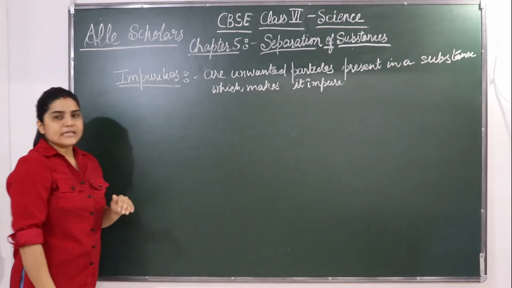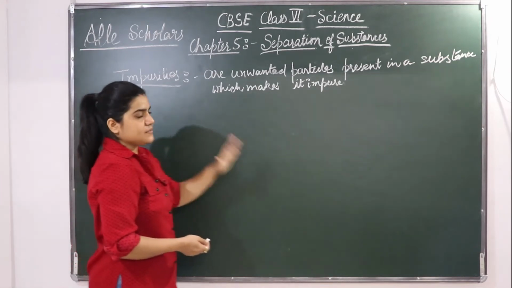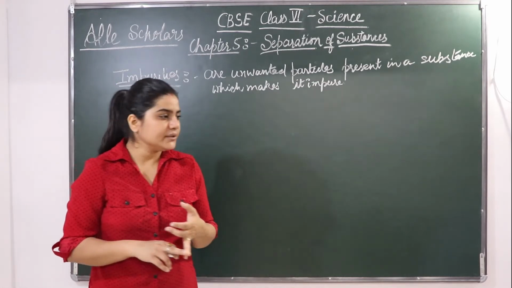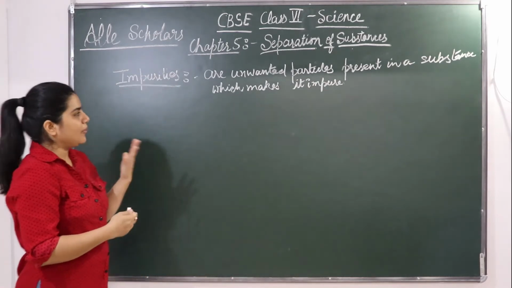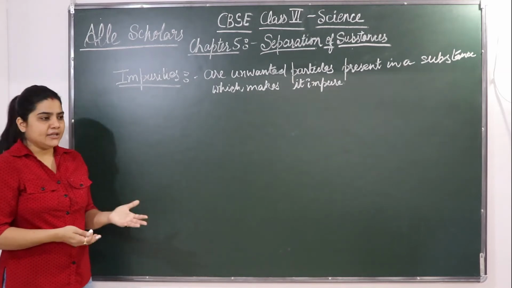Now next we will see mixtures. I have already discussed this. Substances are of two types: pure substance and a mixture. So a mixture is made up of one or more than one component that can be in any ratio.